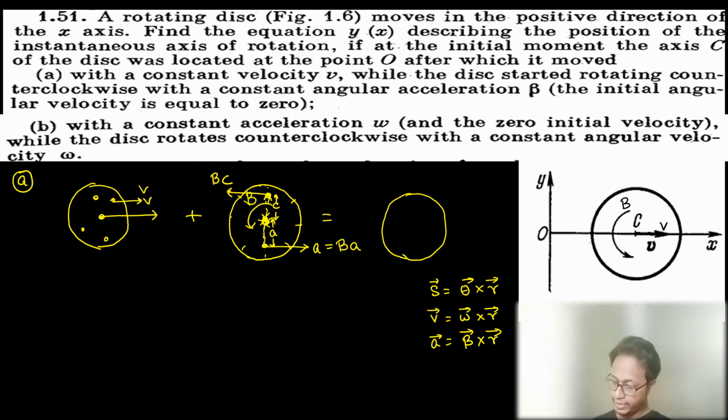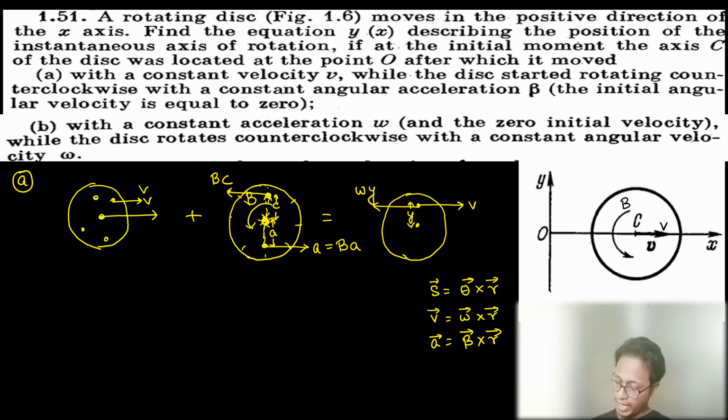So the effective solution to our problem would be to find a point in the wheel, suppose this is a point in the wheel which is at distance y. The translational velocity due to this component is v, and the rotational velocity would be some angular velocity into y.